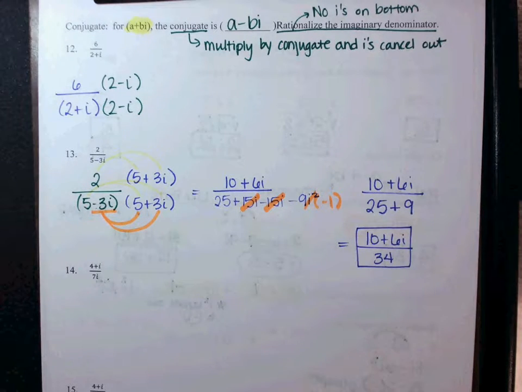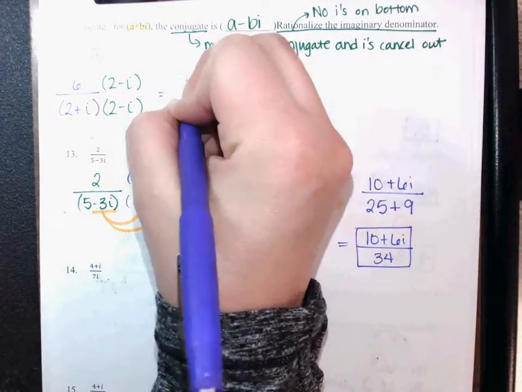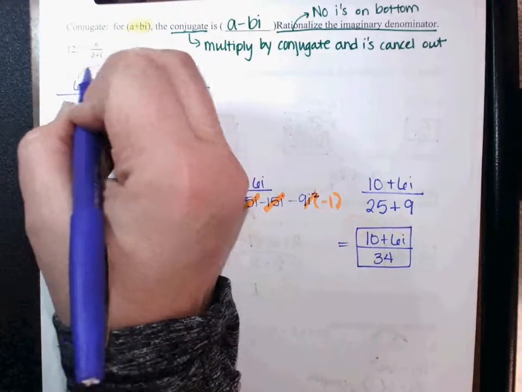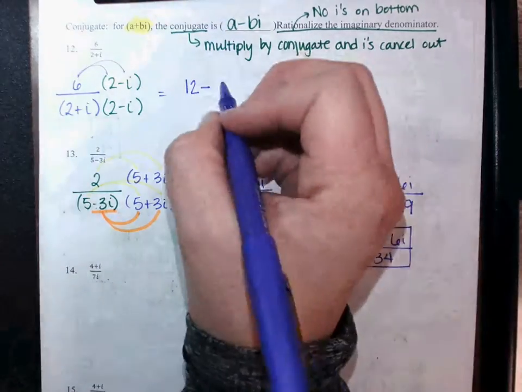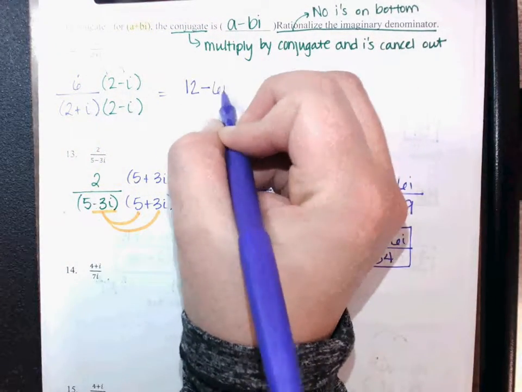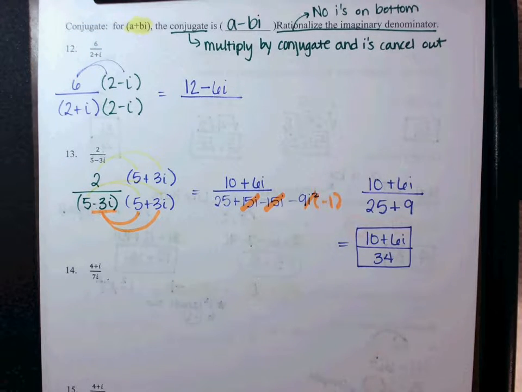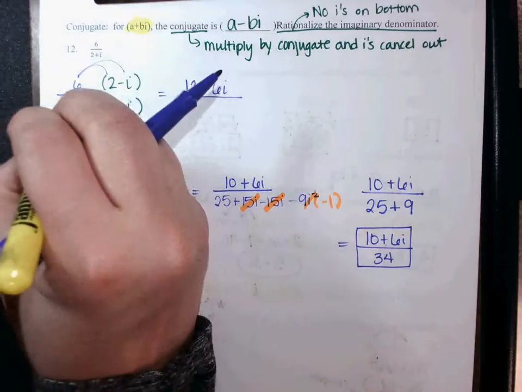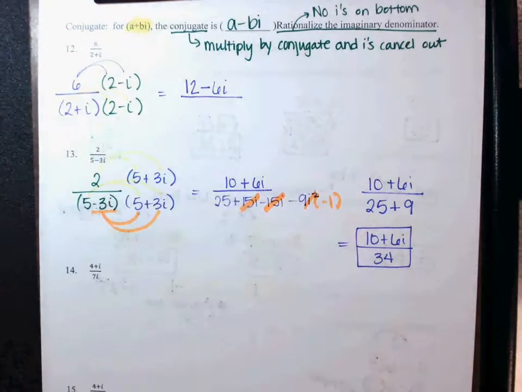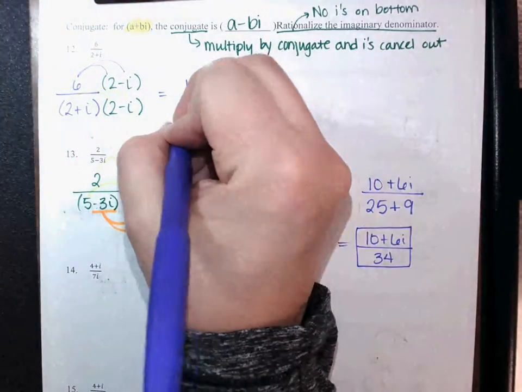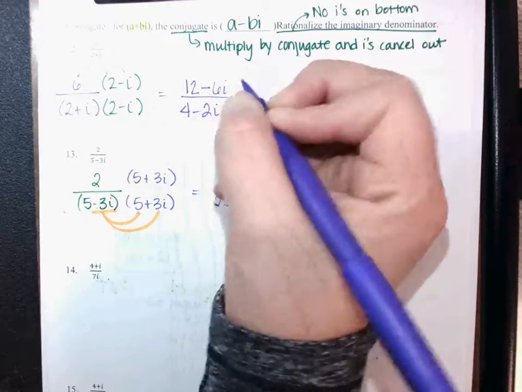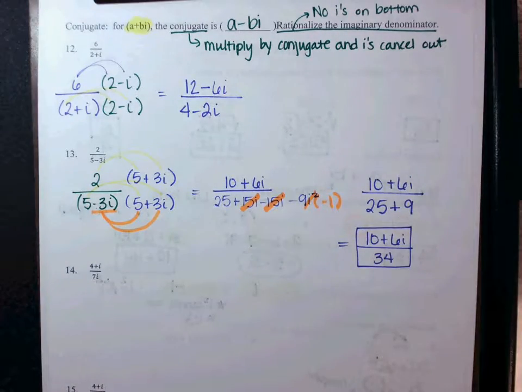Okay, 12. Minus, what is 6 times negative i? Good. Okay, now we're going to do the bottom. What is 2 times 2? What is 2 times minus i? 4 minus 2i. So far, so good?